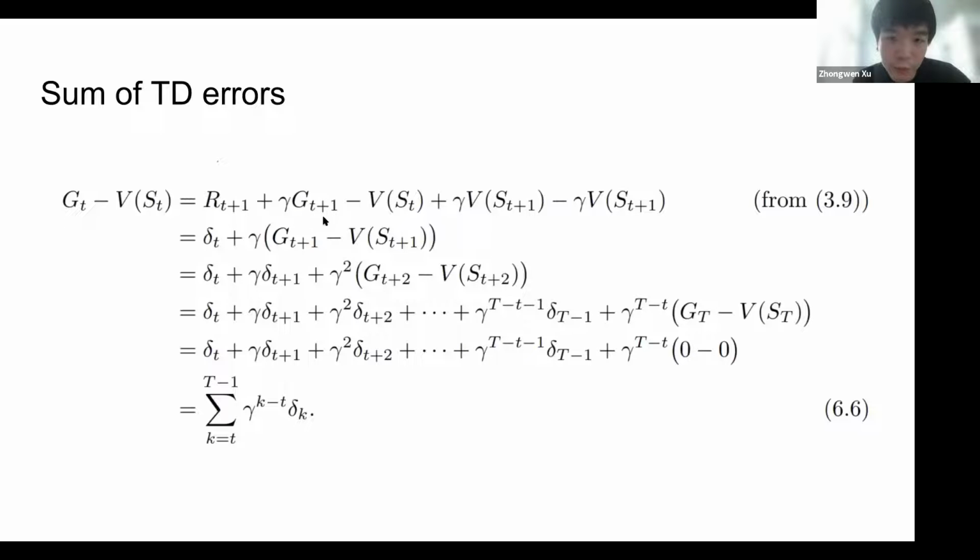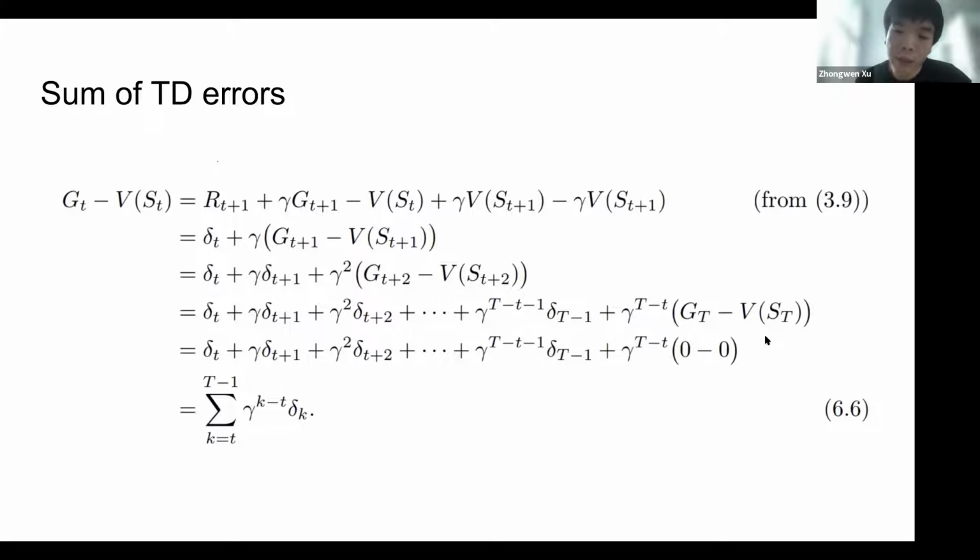We accumulate this item into the TD error, and then we leave these two. We extract the gamma out, and then further use the same thing to expand. You can sense it is a recursive form, adding another gamma into the equation. We continue to expand the whole equation until it reaches the end.